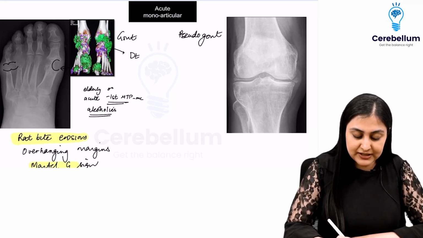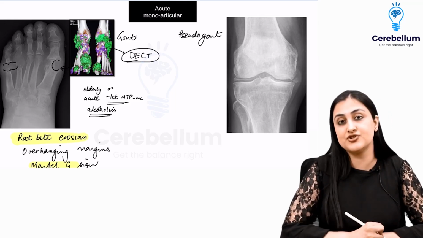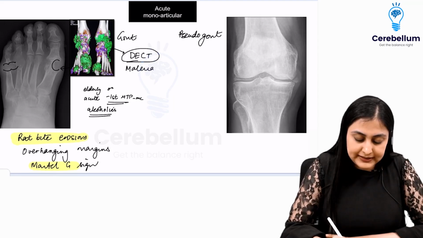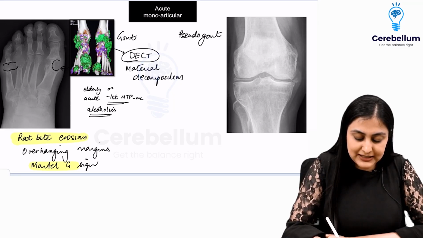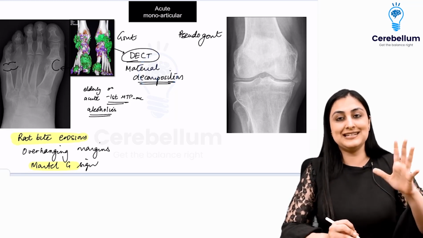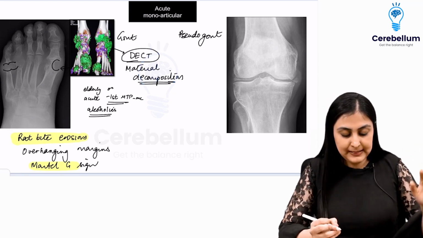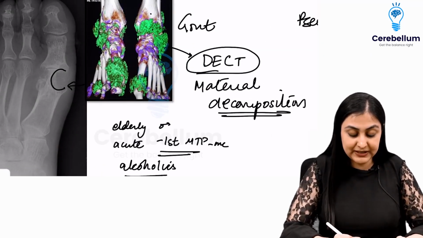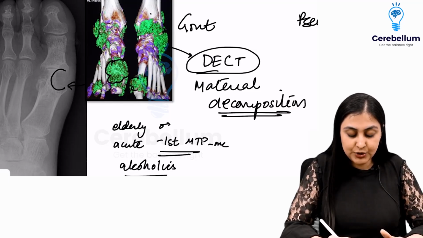This is a special type of CT, that is a dual energy CT, in which the concept is material decomposition. Material decomposition means I can actually guess what the deposition agent is on the basis of the principle of dual energy CT. In this way I can distinguish what is uric acid and what is calcium, and we can give a distinct color to uric acid.